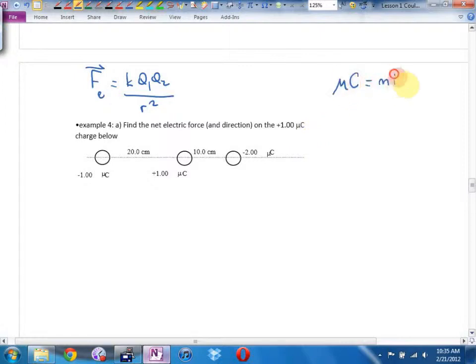The easy way to do this is whenever you see a micro, just replace it with 10 to the negative 6 times.